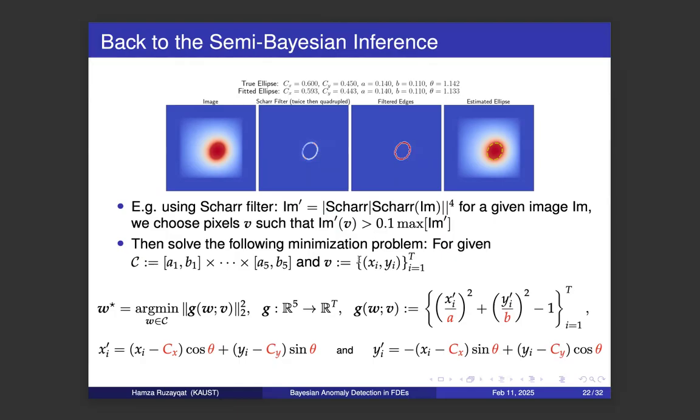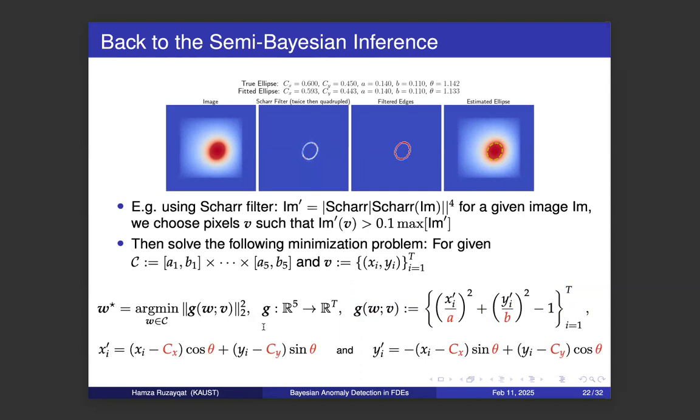And then you solve a minimization problem in order to find a fit for the ellipse. So this is the minimization problem. You want to minimize this function G, where G is given by this. Because there's no time, I will skip this.